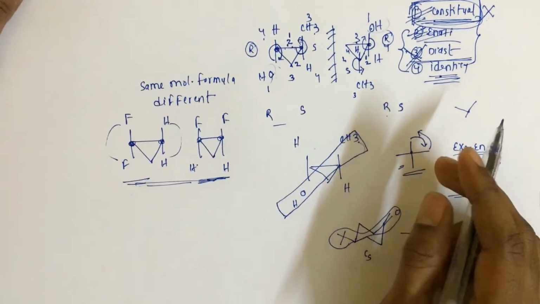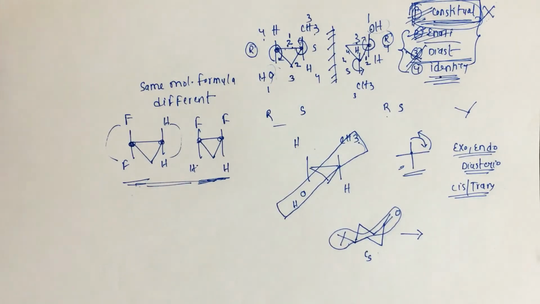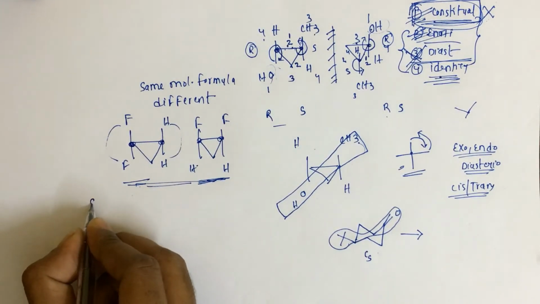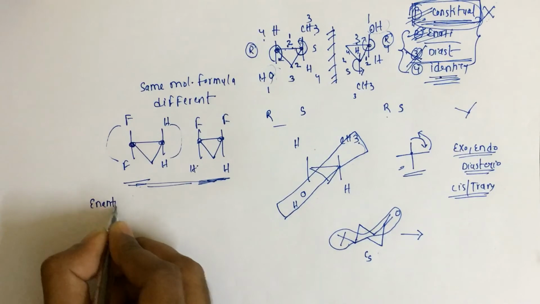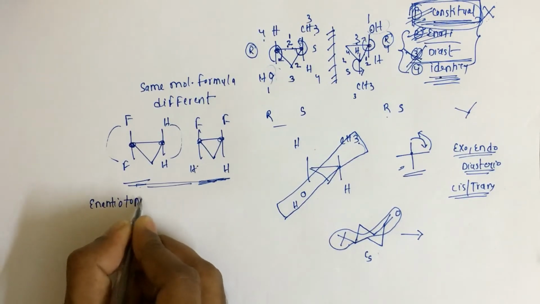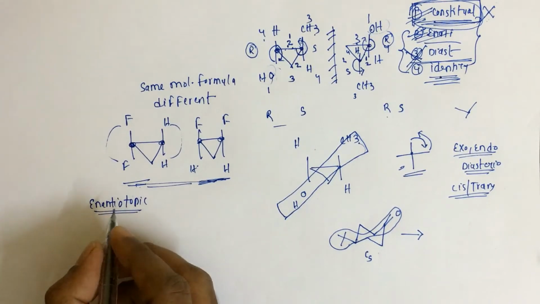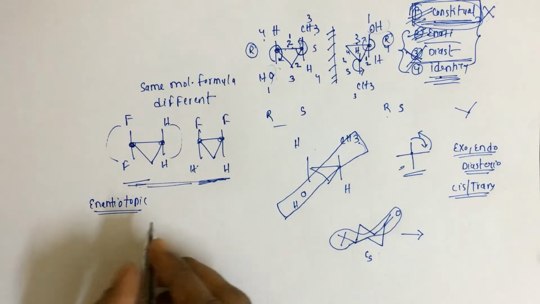And next what is left is enantiotopic. Enantiotopic. So if you are writing for enantiotopic, there should be a plane of symmetry.